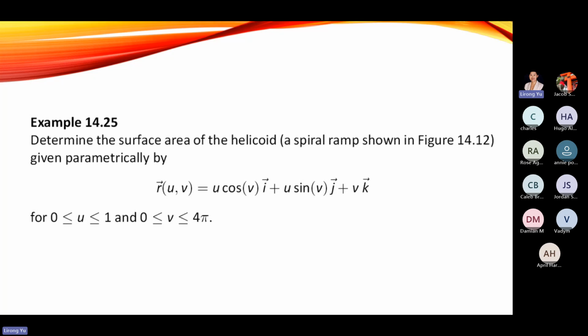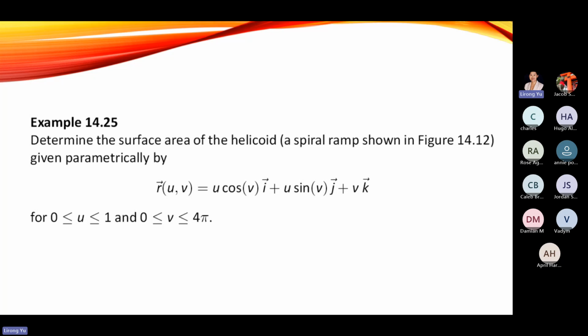Stairs may not be continuous, but a step function when plotted. So anyway, the function goes u cosine v, u sine v. Then the angle is v, and v also represents the height of the surface.